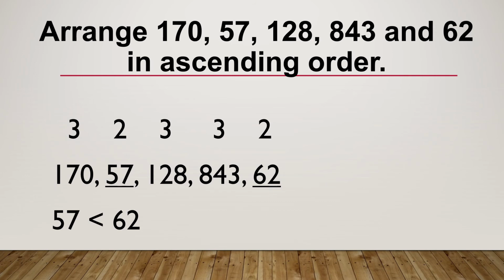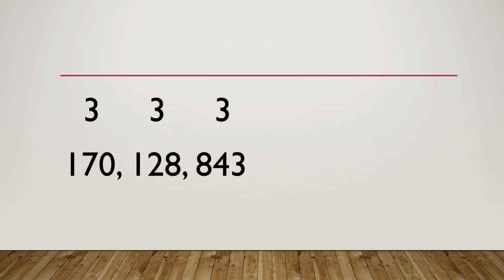Now we have to compare the 3 digit numbers. What are the 3 digit numbers? 170, 128 and 843. So we have to compare the hundreds place digit. In 170, hundreds place digit is 1.